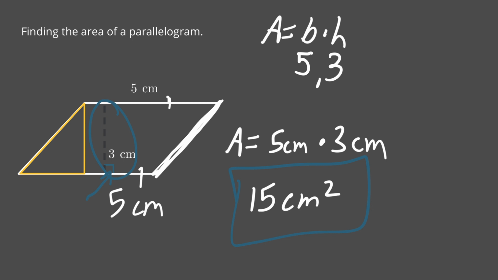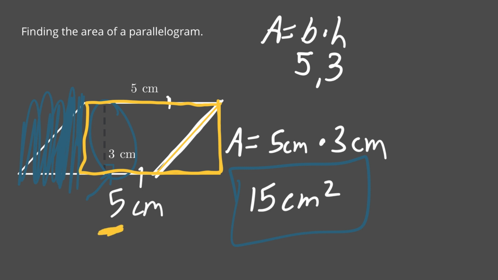If I were to take that triangle and move it over here to the right-hand side and get rid of the left-hand side where the triangle once was, like so, you will now notice that we have a perfect rectangle right here, outlined in yellow. That rectangle has a base of 5 and a height of 3, which is exactly the same as the previous example, which is why this formula works for parallelograms and rectangles.